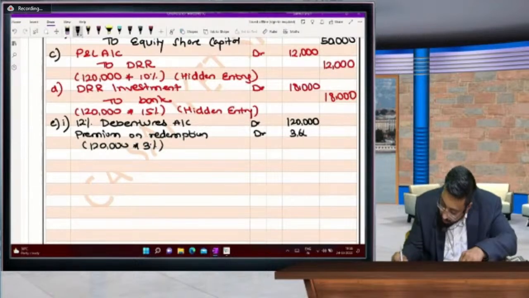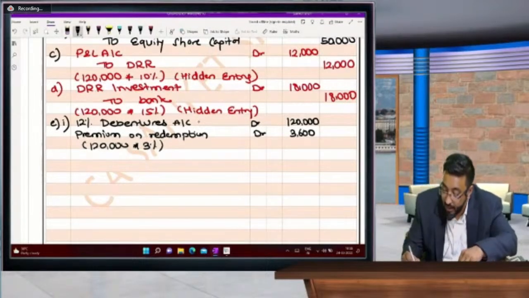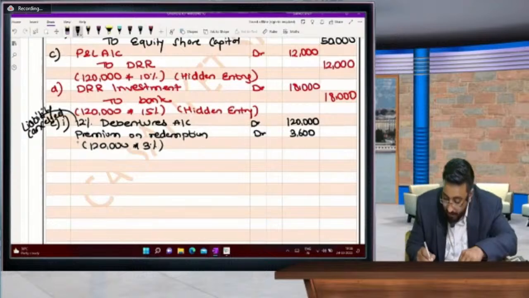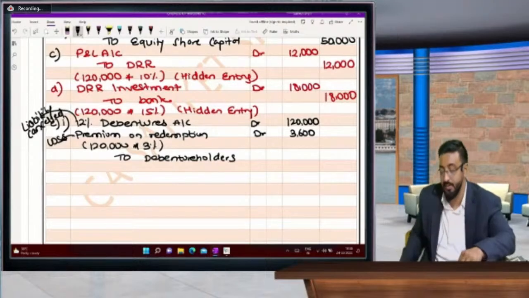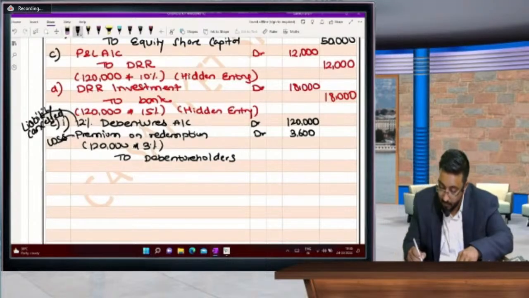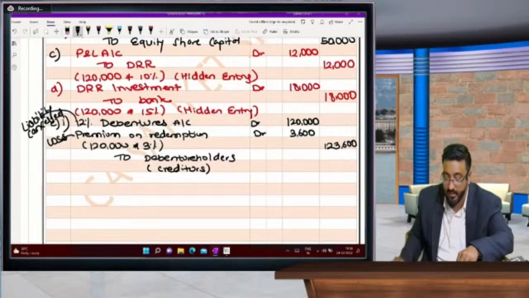So this is 3,600. Debentures debited because liability cancelled. Those students who are not aware about this, liability cancelled. Premium is loss. And we will open one temporary account, to debenture holders, as they are creditors. 1,23,600.